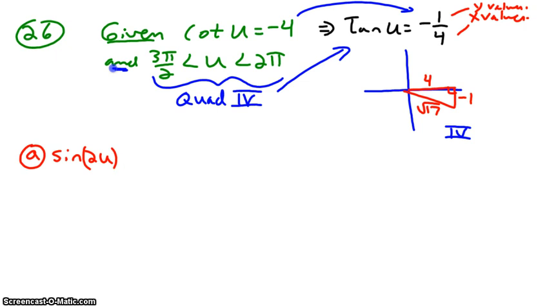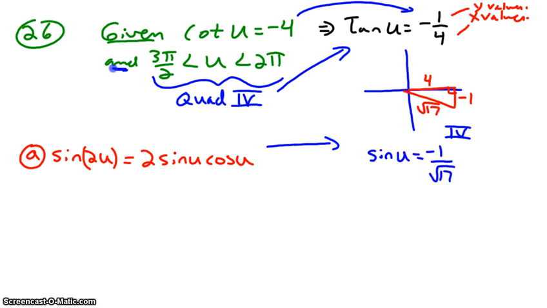So if I'm going to find the sine of 2u, I'm going to set it to my formula of 2 sine u cosine u. Now I haven't yet determined what those are, so I'm going to go back here and look at this saying, well, apparently my sine u will be opposite, -1, over hypotenuse, radical 17, or I could think of it as negative radical 17 over 17.